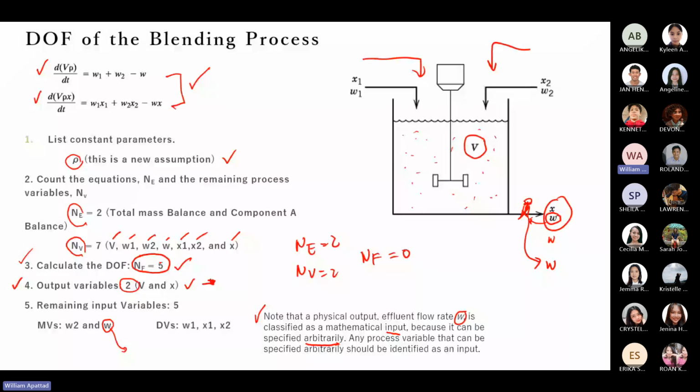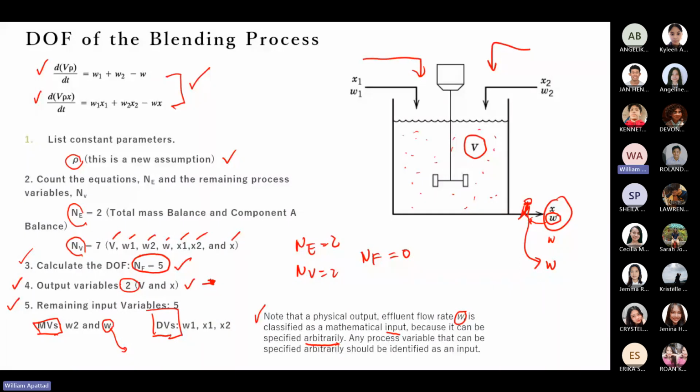So we can have the remaining input variables na 5, i-assign natin as manipulated variable and disturbance. So kung manipulated variable, it can help us control our control objective. Disturbance, we assign this as something that can disturb our process. Okay, so this makes it solvable. Pwede nang isolve. Okay?